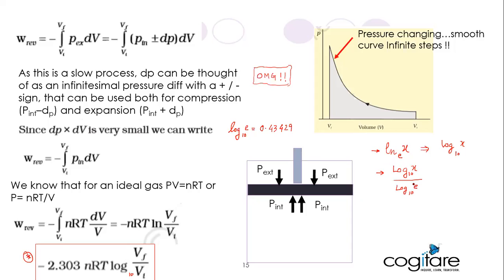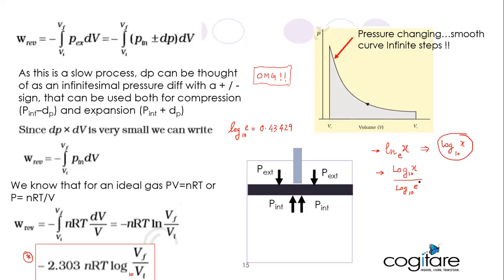This is log x by log e, basically, and that base can be anything. It can be 10, it can be a, it can be 1.3456, any number. But because you want base 10, it is log x to the base 10 by log e to the base 10. This is what you want.